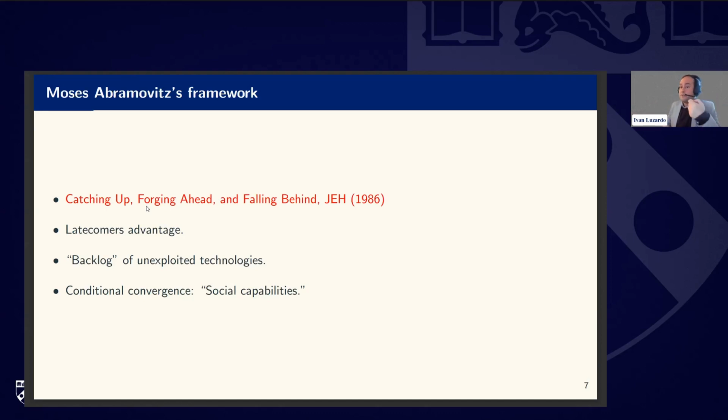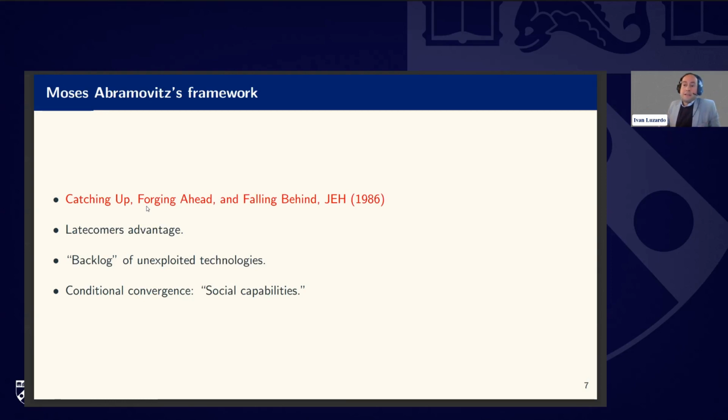that convergence, that accelerated economic growth or transition, is determined by what Abramovitz called social capabilities. So what we have in practice is not just absolute convergence, but conditional convergence. There are certain preconditions that countries need to have in order to adopt or embrace these unexploited technologies that already exist.